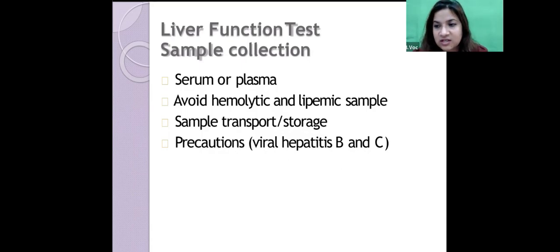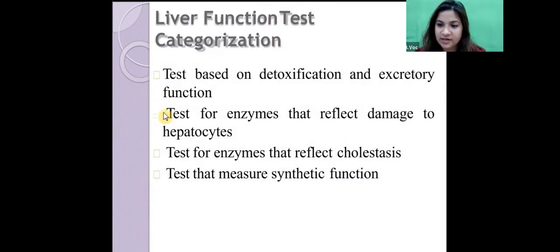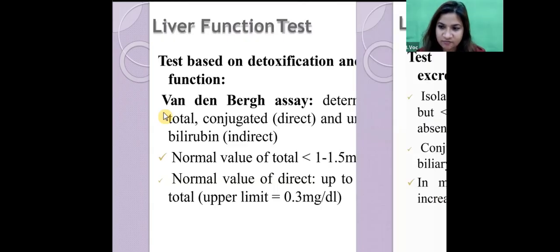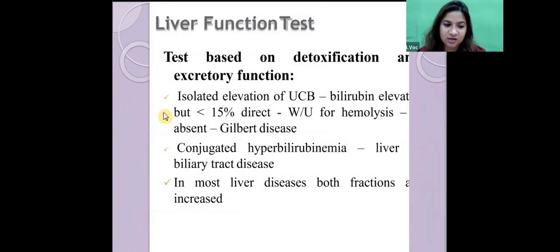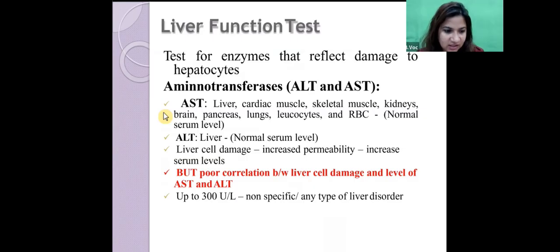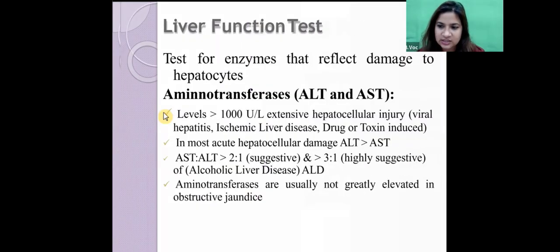First of all, the liver function tests consist of the tests that are based on metabolism. All right. So the tests that are based on metabolism: first of all, carbohydrate metabolism, which includes the glucose tolerance test and the fructose tolerance test.